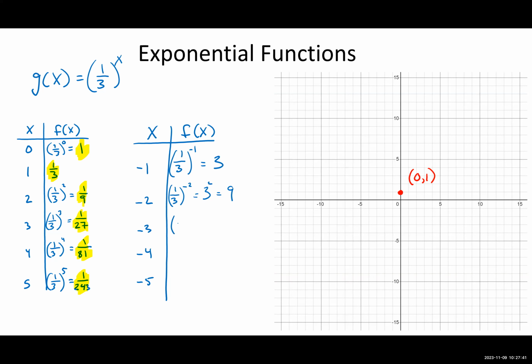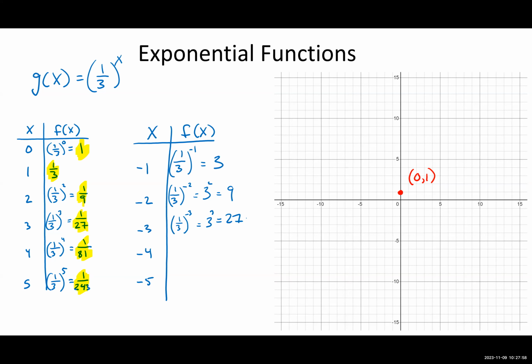When x is negative 3, we get 1/3 to the negative 3 power. Again, negative means reciprocal, so that's 3 over 1, or 3 to the 3rd power, 27.